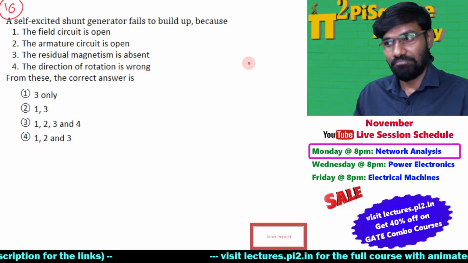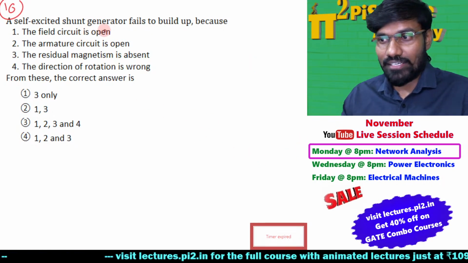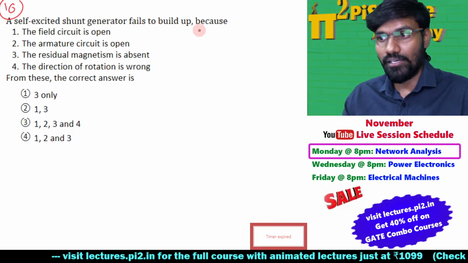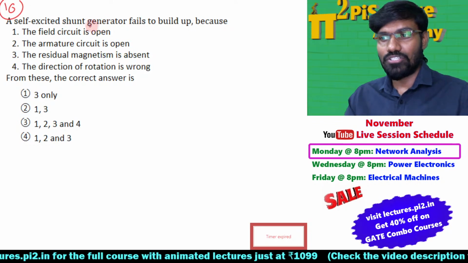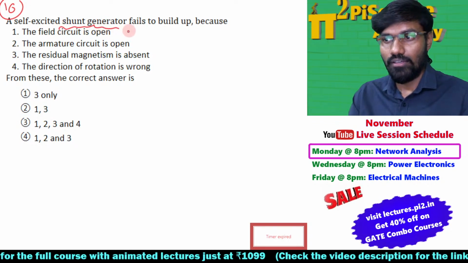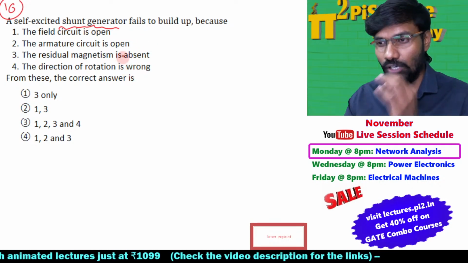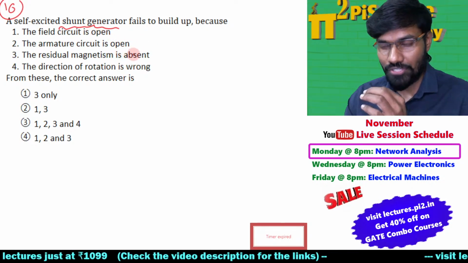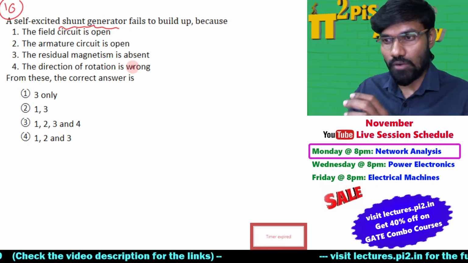Okay, let's see. A self-excited shunt generator fails to build up because why? Why did the self-excited shunt generator fail to build up the voltage? Whenever you get this question during a practice session, you have to recall what the voltage build-up process is and how voltage will build up.